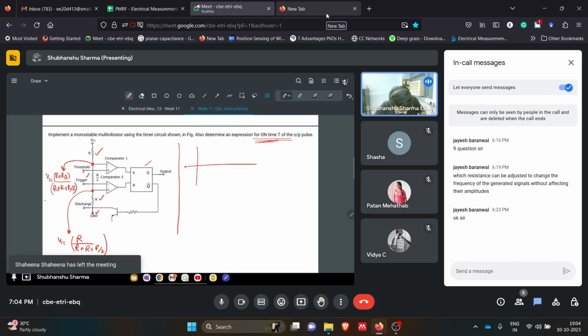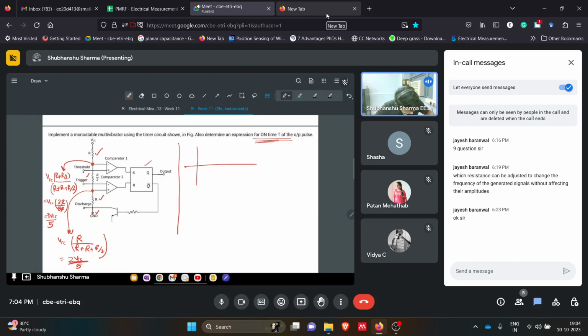So we have VCC into 3R by 2 divided by 3R by 2 plus R, which is 5R by 2. The 2R will cancel, so it will be 3 VCC by 5, and this voltage will be VCC by 5, 2 VCC by 5.